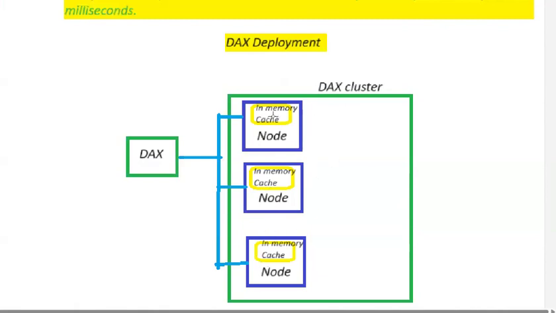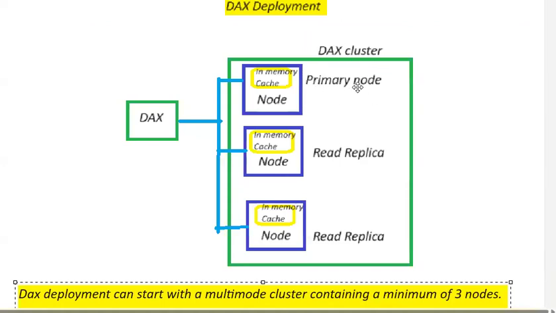So you can assume these nodes are like the servers present in a cluster. The servers in the DAX cluster are nodes, where these nodes contain an in-memory cache, and the first created node we call the primary node and all the others are other nodes.